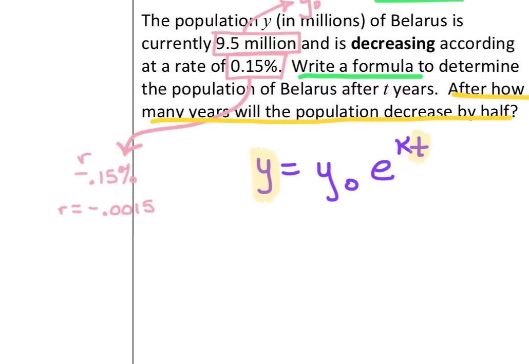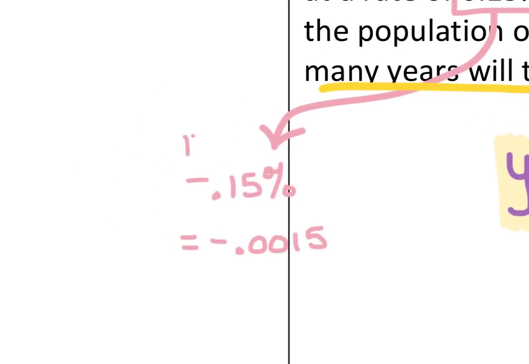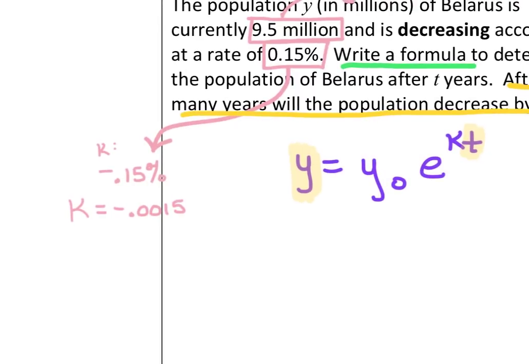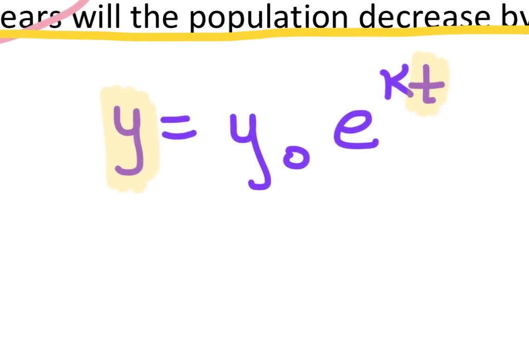So let me rewrite this using y sub 0 and the r that are given in the problem. Oh, and I wrote r and it should have been k. So let's change that, and we'll call this k over here. My apologies. So k here is the negative 0.0015. It's the same idea, it's the rate. But I need to be consistent in my use of letters.